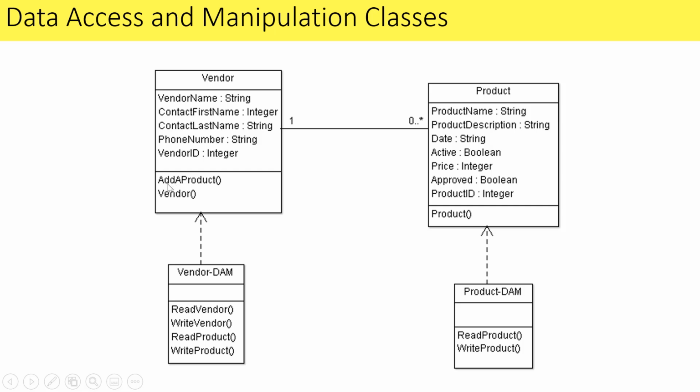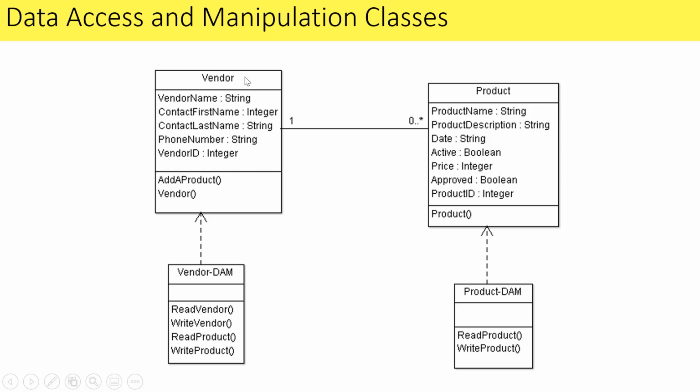What this vendor can do: vendor can add product, and of course vendor has a constructor function or method. Then we have product. Product attributes are product name, product description, date, is it active or not, the price of the product, is it approved, and of course the product ID. Product ID is used for creating the relationship.